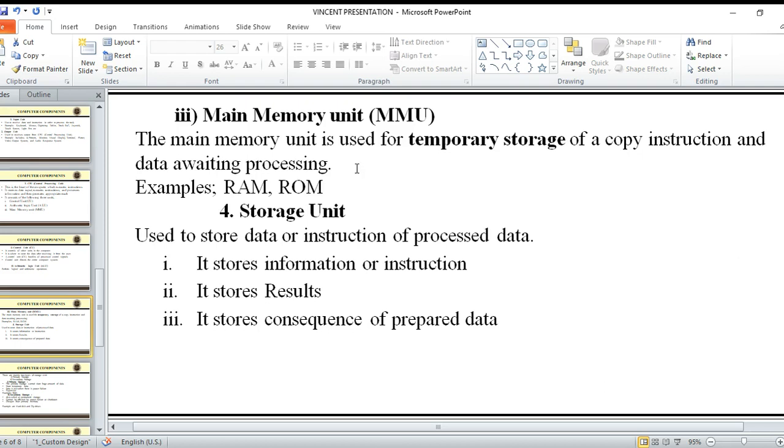Examples of main memory, Roslyn, what? RAM in full? Yes, very good. ROM, read only memory. Very good.